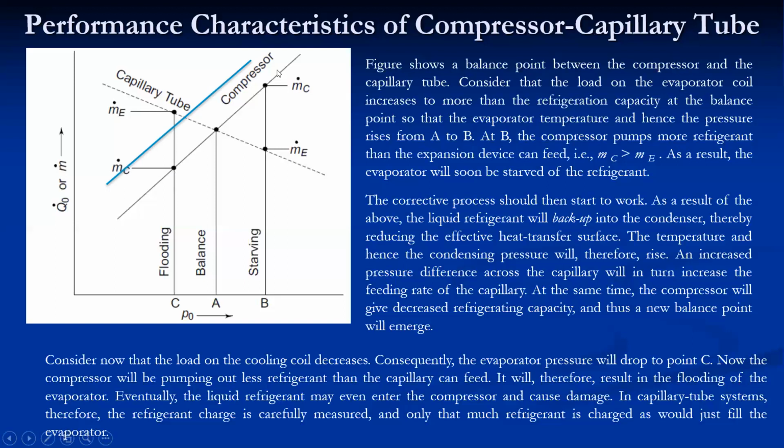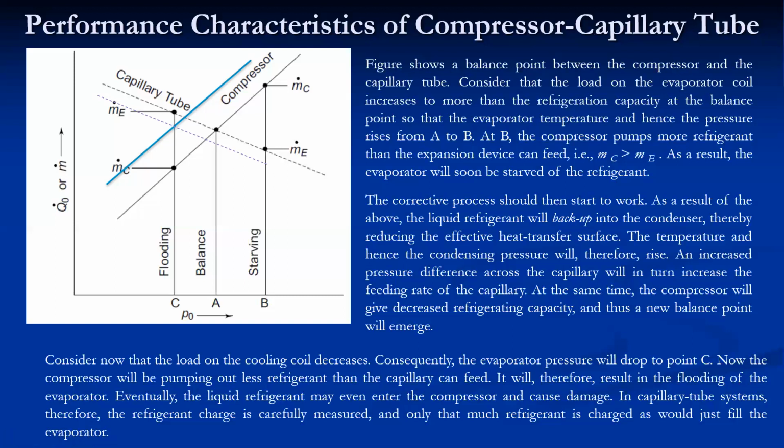As the condensing temperature reduces, the compressor starts drawing more refrigerant, so the mass flow rate of the compressor increases here. At the same time, the decreasing condensing temperature decreases the mass flow rate of the expansion device. So the new balance condition arises, and this way the balance condition arises after some time.